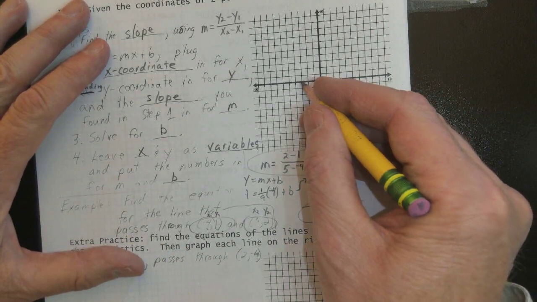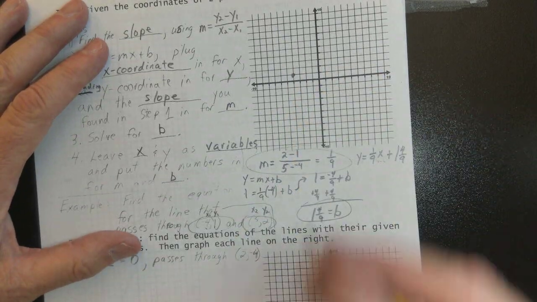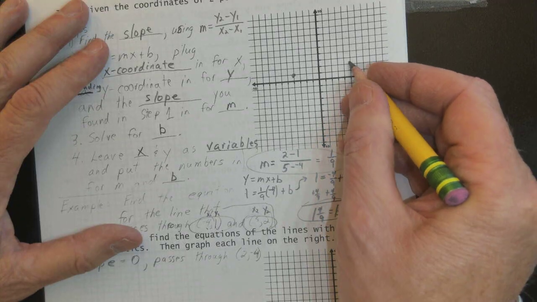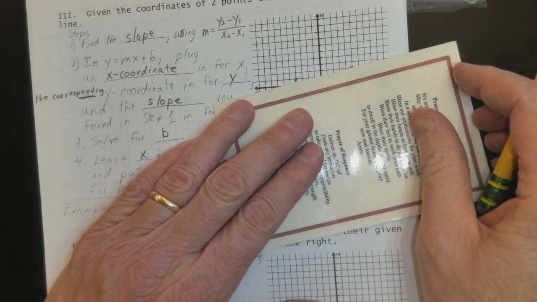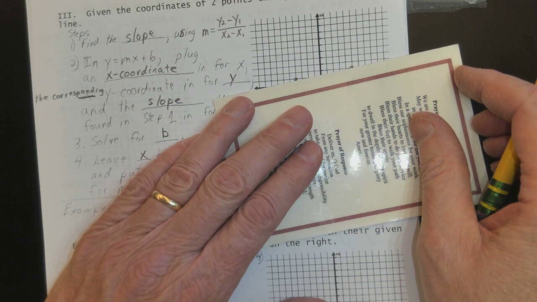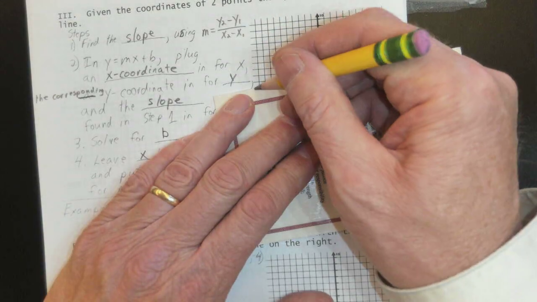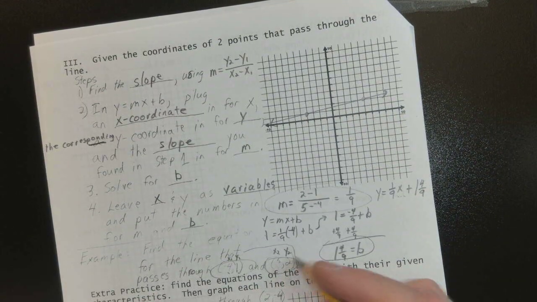Negative 4, 1. 5, 2. Draw my line. Okay.